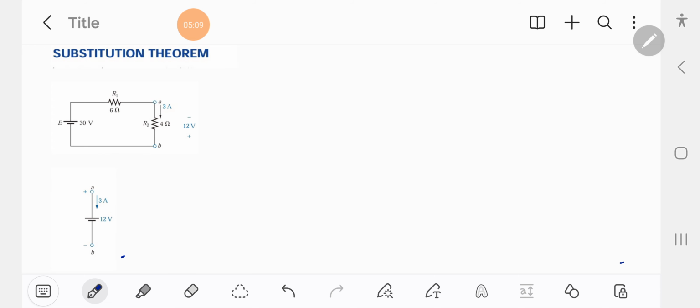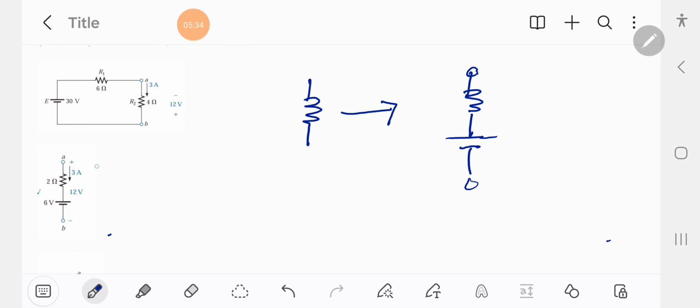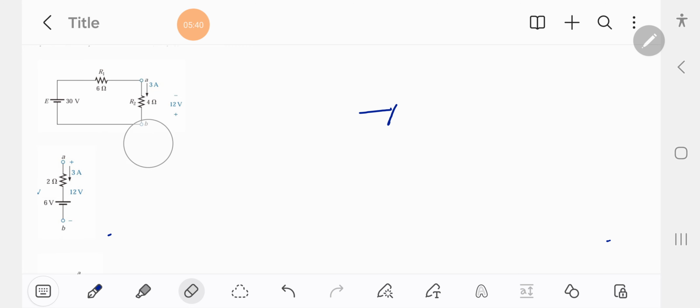For example, we can replace this branch by some other branch, like this. If we replace this branch by this, what will happen?